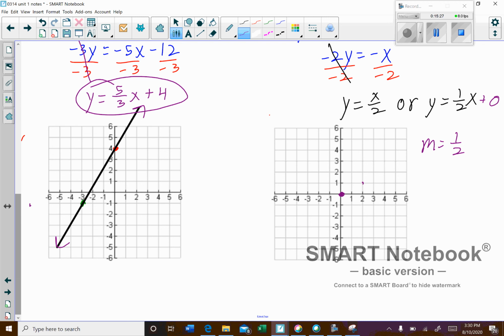Up 1 over 2. Do that a couple times. We'll go ahead and put our line here. Straighten it out just a little bit. And there we go. So that's graphing lines part 3.